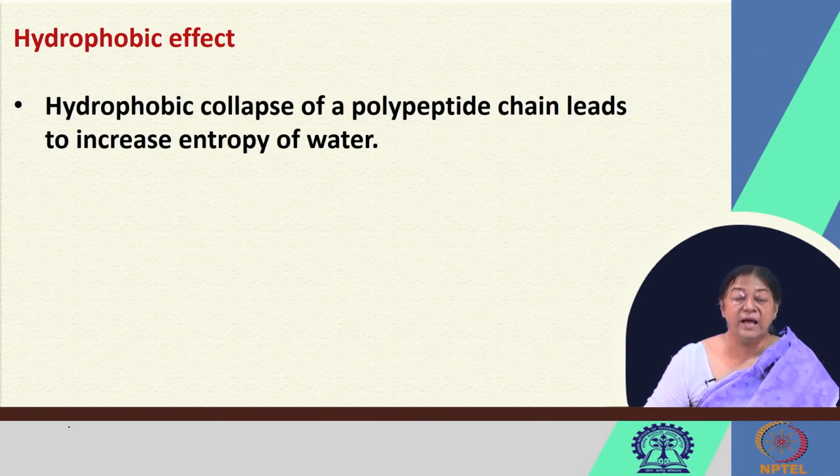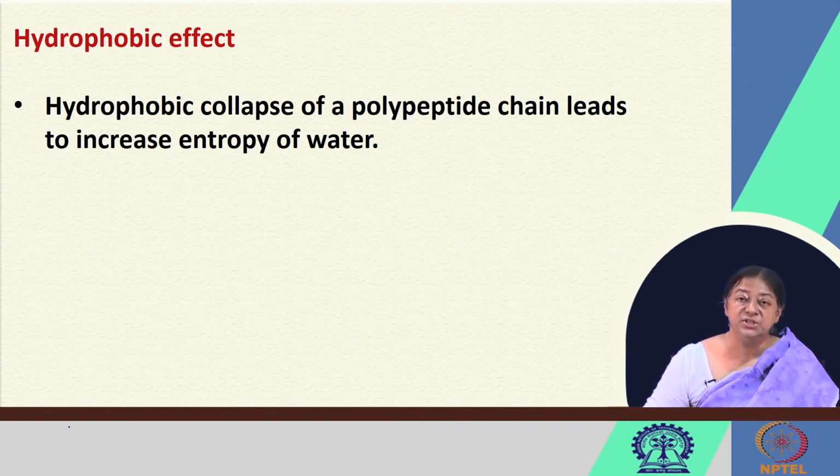So, when we are looking at the hydrophobic collapse of a polypeptide chain, this leads to the increased entropy of water, in the sense that the water that had been collectively around the polypeptide chain in its unfolded form now has to rearrange itself to form the polar contacts with the residues that are on the surface of the protein.